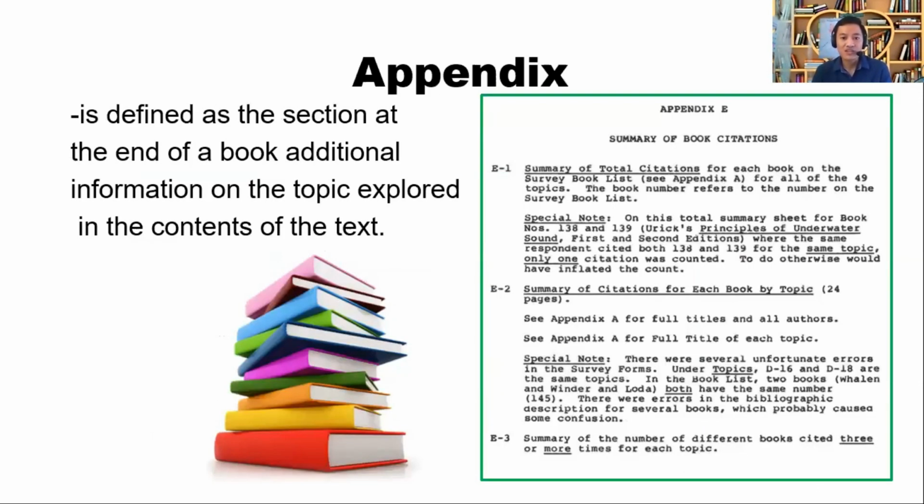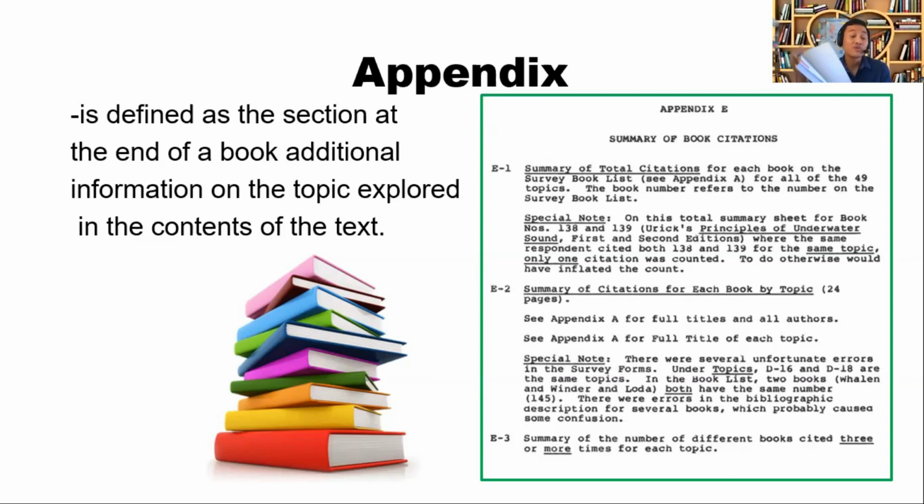The last one is the appendix. The appendix is defined as the section at the end of the book with additional information on the topic explored in the content of the text, or the citation of the references that the author used in his or her textbook. For example, I have here the actual book. The title of the book is Science in Our World.